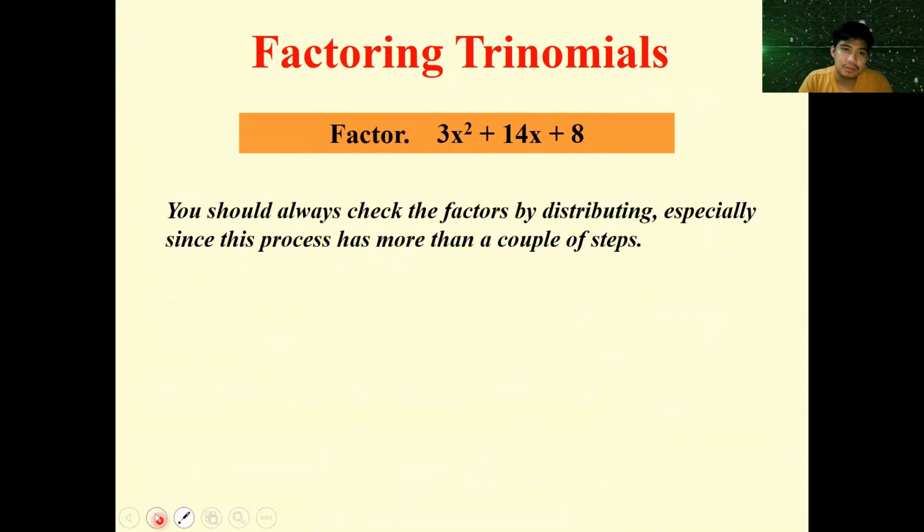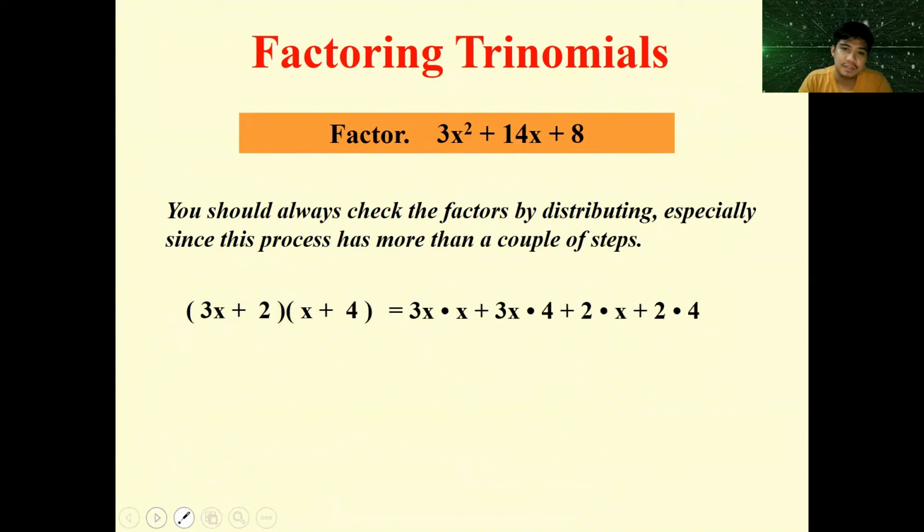Okay, so you should always check the factors by distributing, especially since this process has more than a couple of steps. So we are going to verify if our answer is correct.